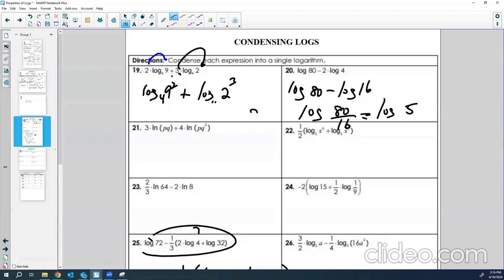Real quick, number 24. Okay, we're going to combine.